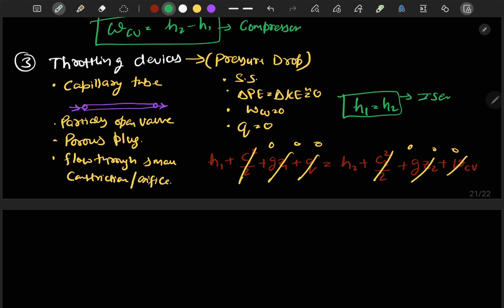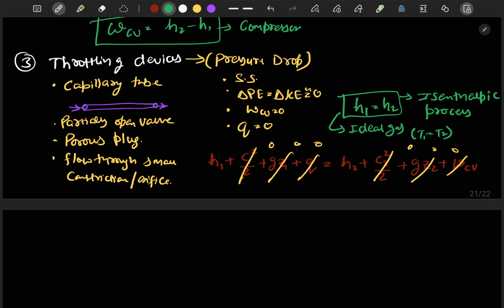Throttling is represented by an isenthalpic process on the PV diagram or TS chart. Next, if we consider this for an ideal gas, we get T1 equals T2. This represents that if the throttling fluid is an ideal gas, the initial temperature and final temperature will be the same.